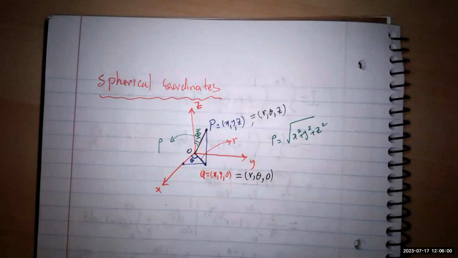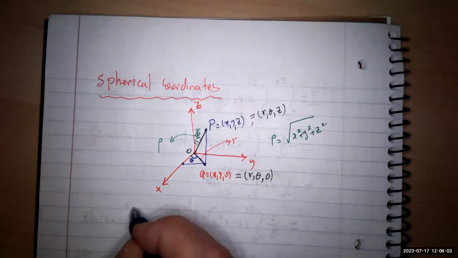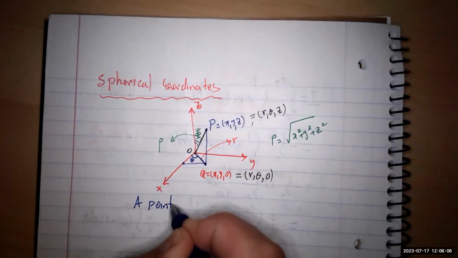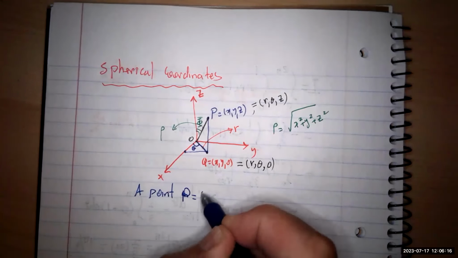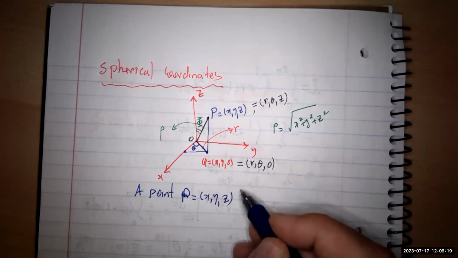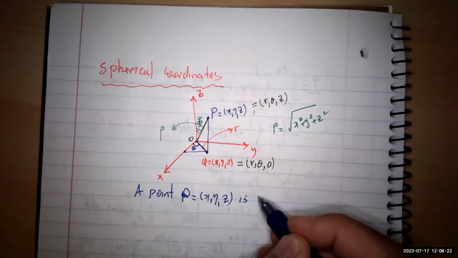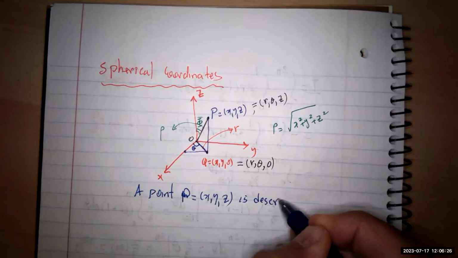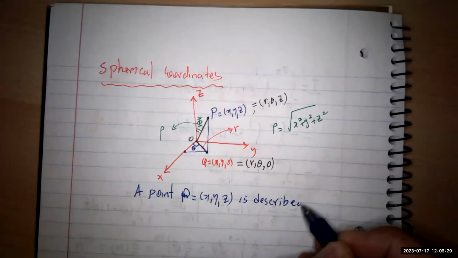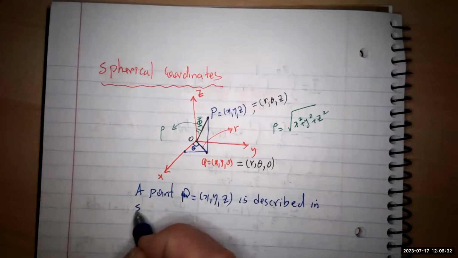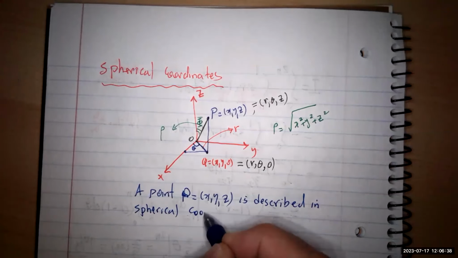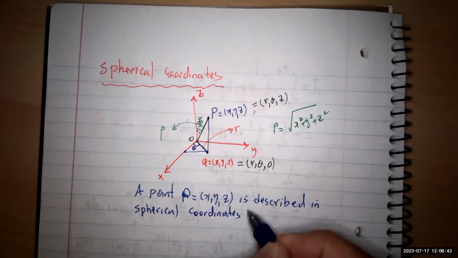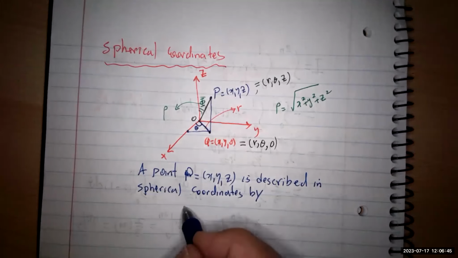Okay, and we continue. A point P, which is x, y, z, is going to be described in this new system, in spherical coordinates, by P equals rho, theta, phi.